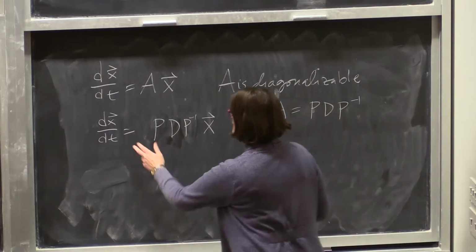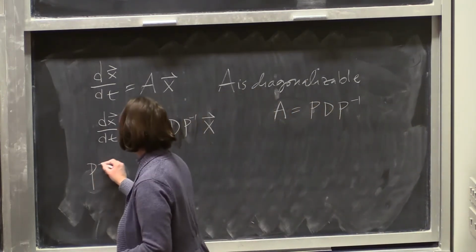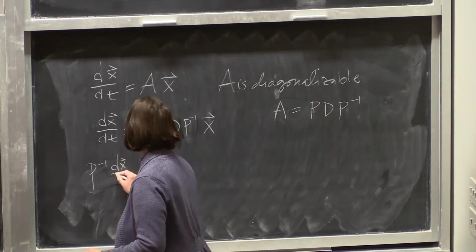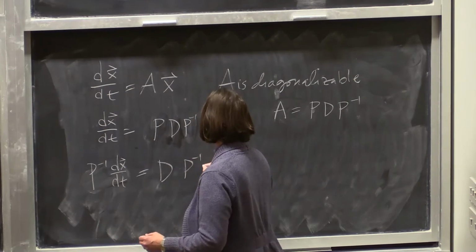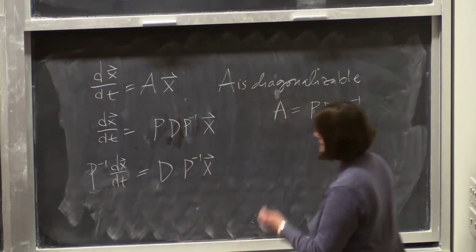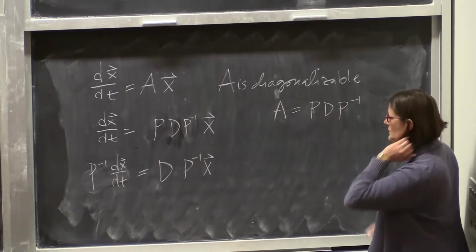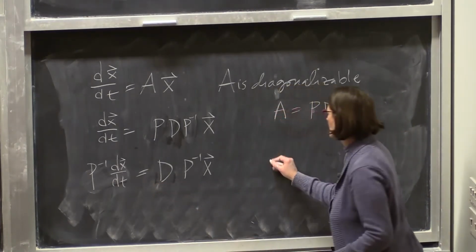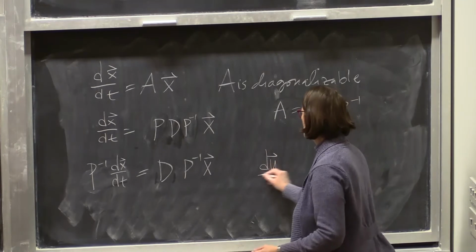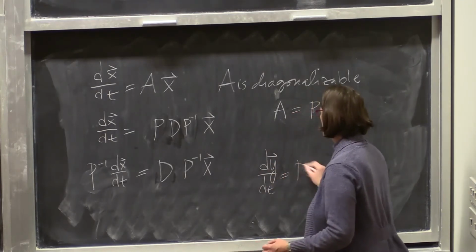I'm going to multiply on the left by P inverse, so I have P inverse dx/dt is equal to D times P inverse x. I did that because I'm trying to somehow reduce this to a problem like dy/dt equals D times y.